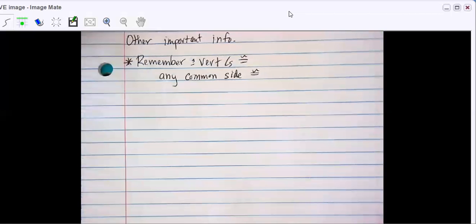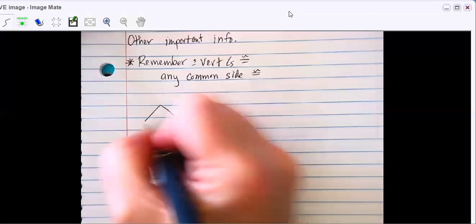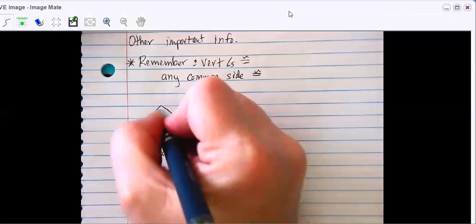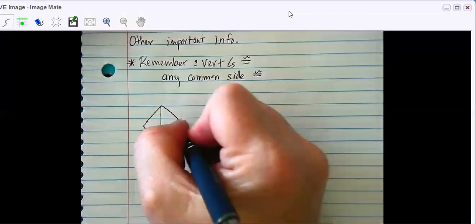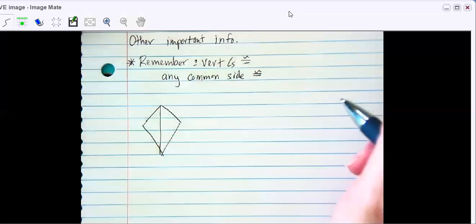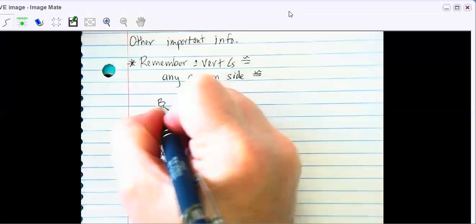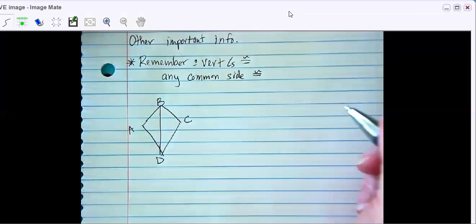So let's draw a kite with just one long stick in the middle. Those should have looked more equal, but it's okay. We're going to label our vertices A, B, C, and D. So when you're doing these problems, they actually have to give you information.